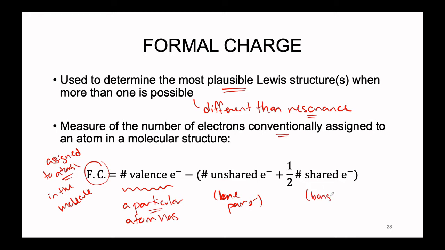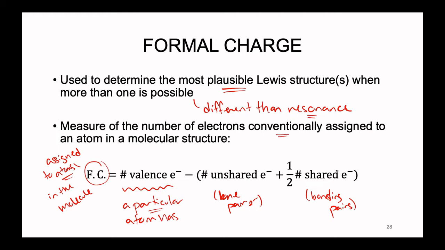These are the bonding pairs. So again, we're going to be looking at an atom and comparing how many electrons it's normally surrounded by, just off in its neutral form, and we're going to compare that to the number of electrons it's actually surrounded by in this particular molecular configuration. All right, we're going to be looking at an example of this by actually working through an example.